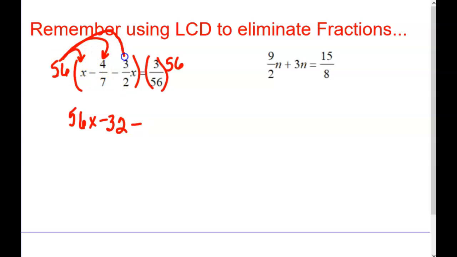And then 56 times 3 divided by 2, and that one has an x. Can anybody do that for me? Let's see, 28 times 3. What's 56 times 3 divided by 2? Thank you. And then over here, 56 multiplied by 3 over 56 is just 3.